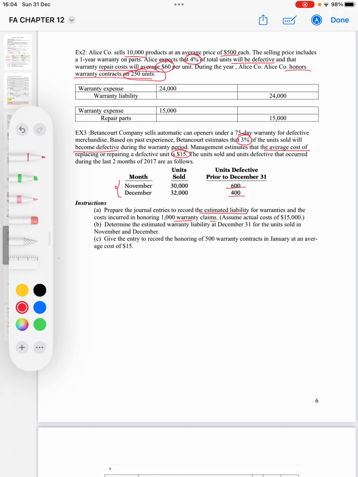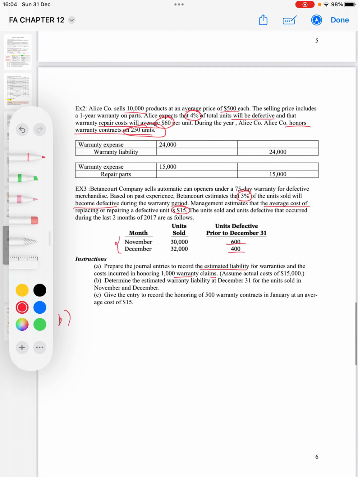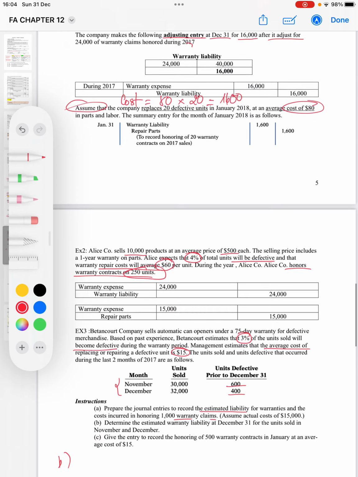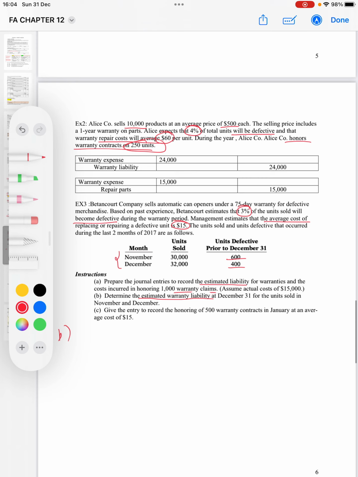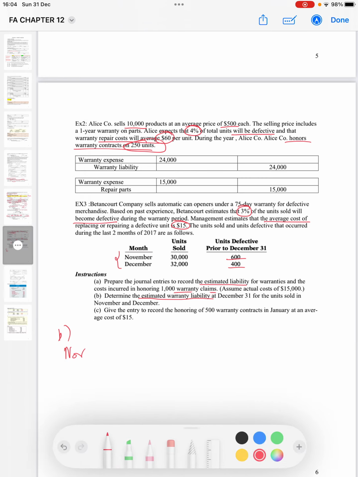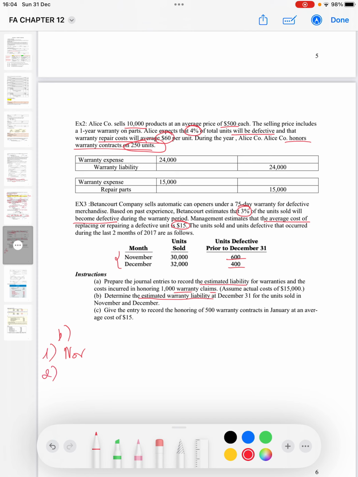Okay, next let's do the next question. They ask you to determine the estimated warranty liability at December 31 for the units sold in November and December. So I will classify in two cases. First is November and the next is December.